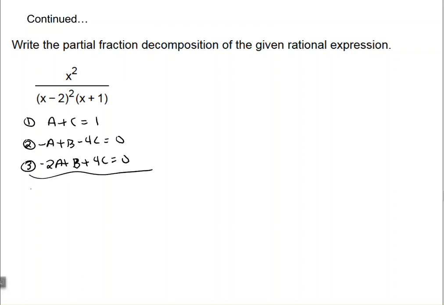All right, so I'm going to start off by combining or eliminating a in equations 1 and 2. And as you can see, they're already set up to be eliminated because I have positive 1a in equation 1 and negative 1a in equation 2. So I don't have to change anything. And I'll leave a blank there for the b variable.